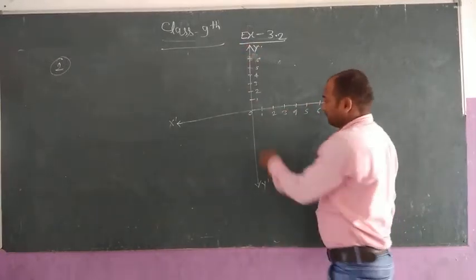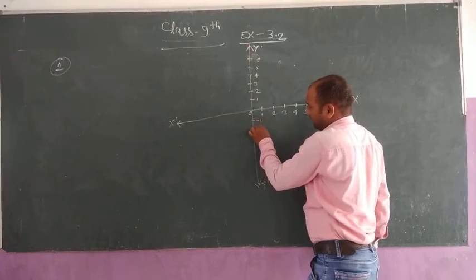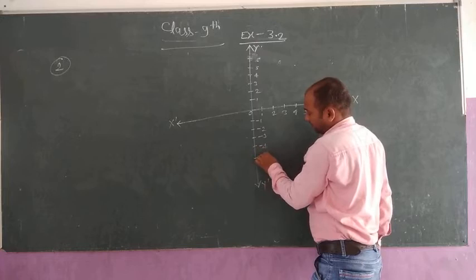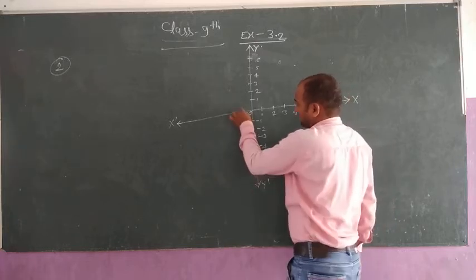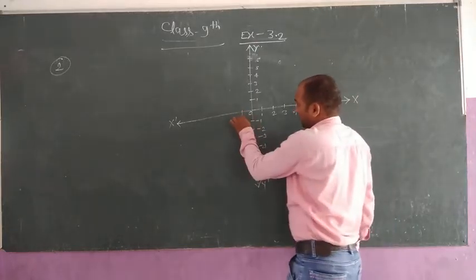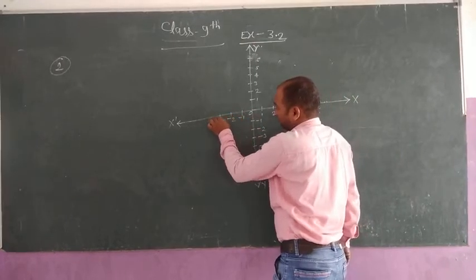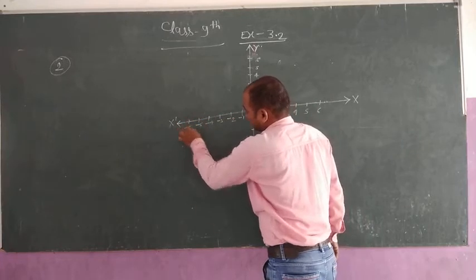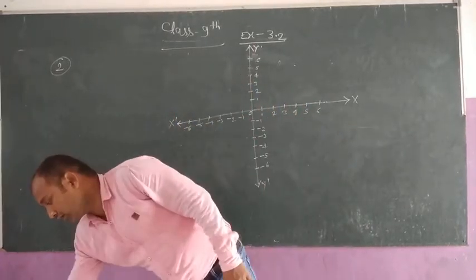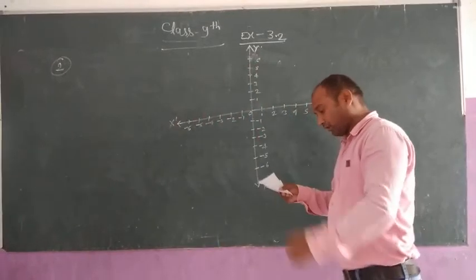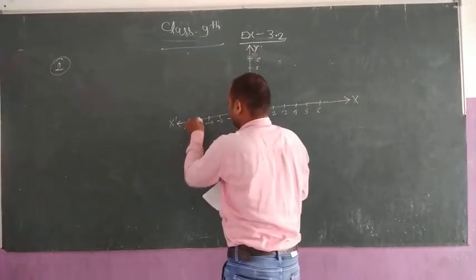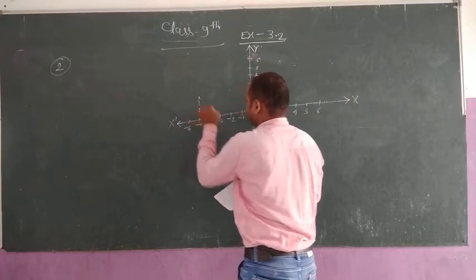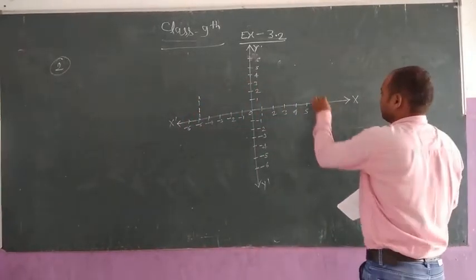And this is negative: -1, -2, -3, -4, -5, and -6. This is also negative: -1, -2, -3, -4, -5, and -6.